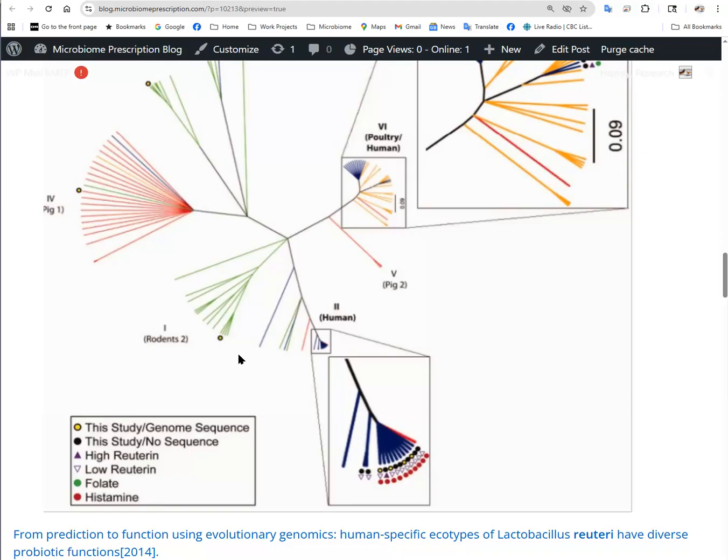So the problem is that you have to know exactly what a probiotic produces, not at the species level but the explicit strain. And that right now is a major, major problem in terms of what is available on the market.